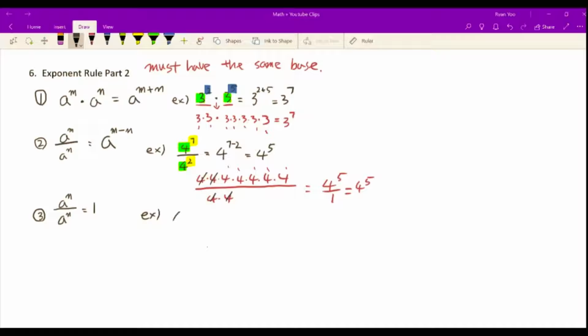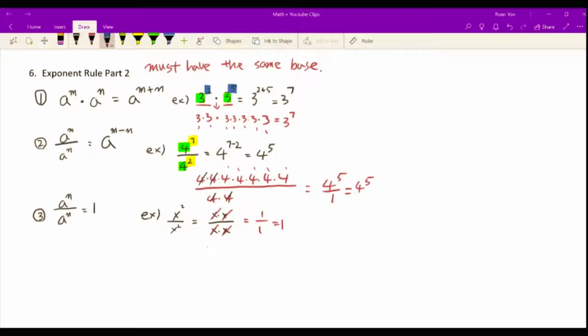Let's use x squared divided by x squared, which is x times x in the numerator, and in the denominator I have x times x. So let's cancel. This one cancels, this one cancels. So in the numerator there's a 1, in the denominator there's a 1, it's 1, right?